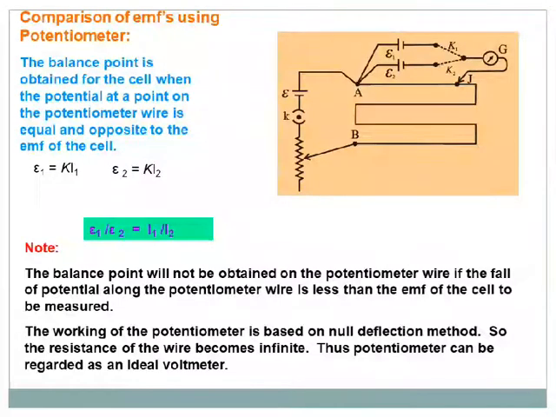One use of a potentiometer is comparison of the EMF of two cells. We are going to use the principle of the potentiometer to compare the EMFs of two cells.